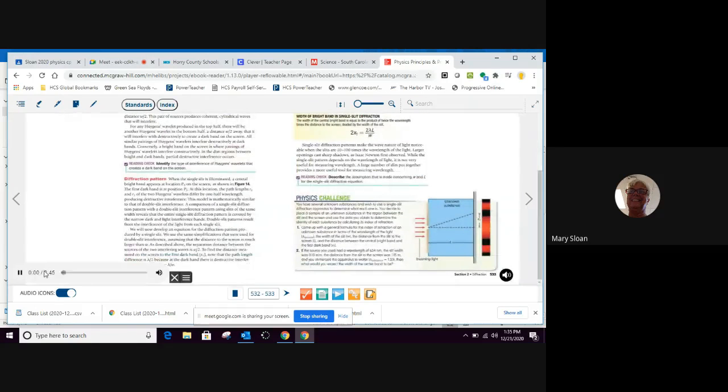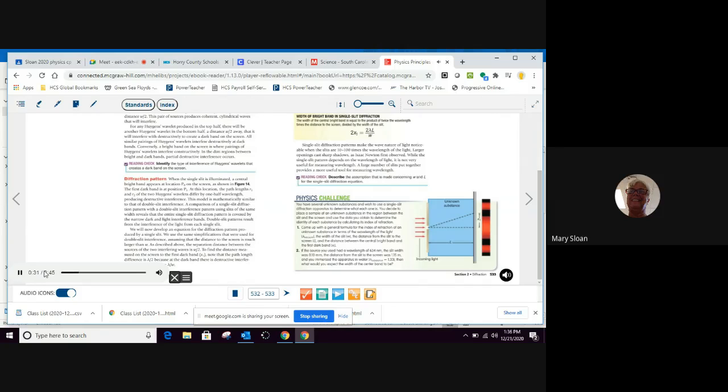Okay, we are going down to the next one now. Apparent cylindrical waves will interfere.